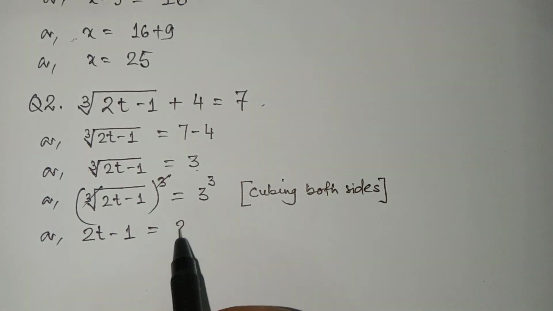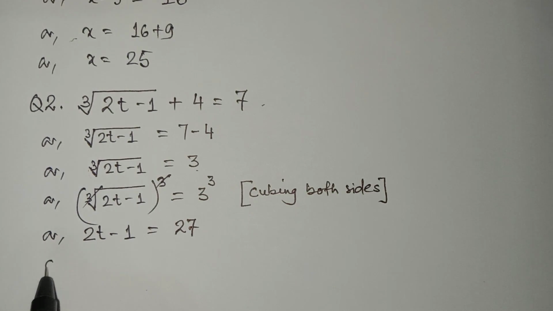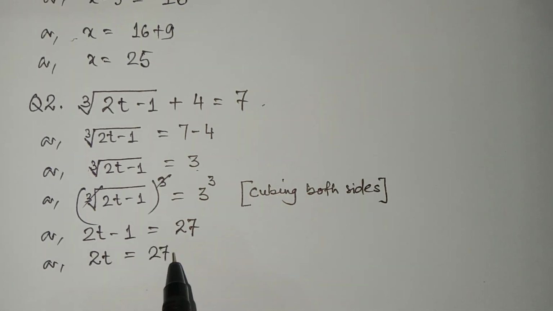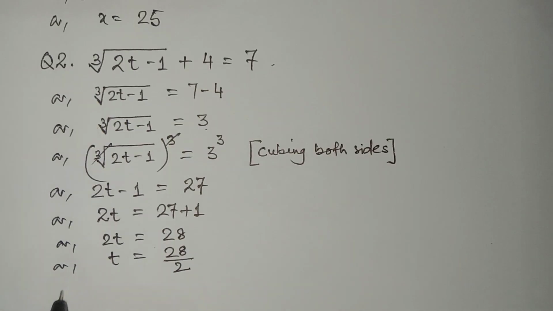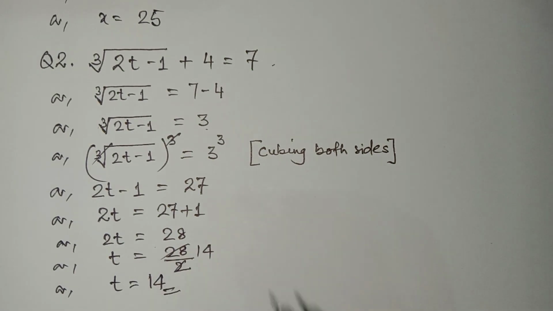It gives you 27, so 2t is equal to 27 plus 1, or 2t is equal to 28, or t is equal to 28 divided by 2. 2 goes into 28 fourteen times, so t equals 14. This is our solution. Dear friends, now the level of difficulty is increasing.